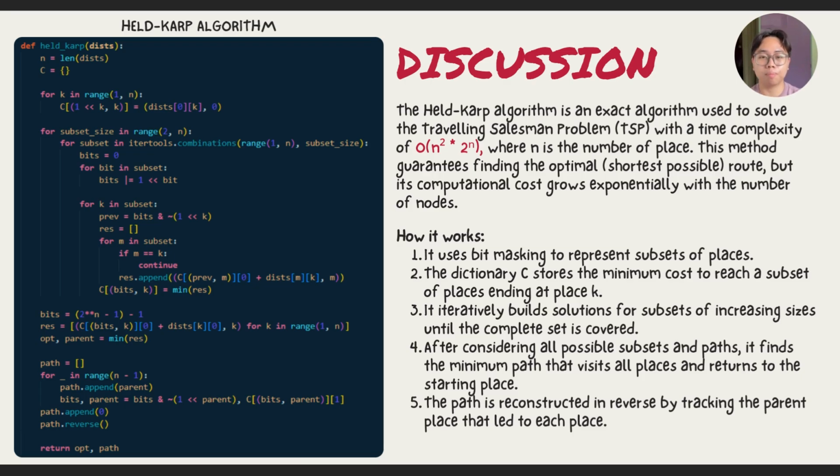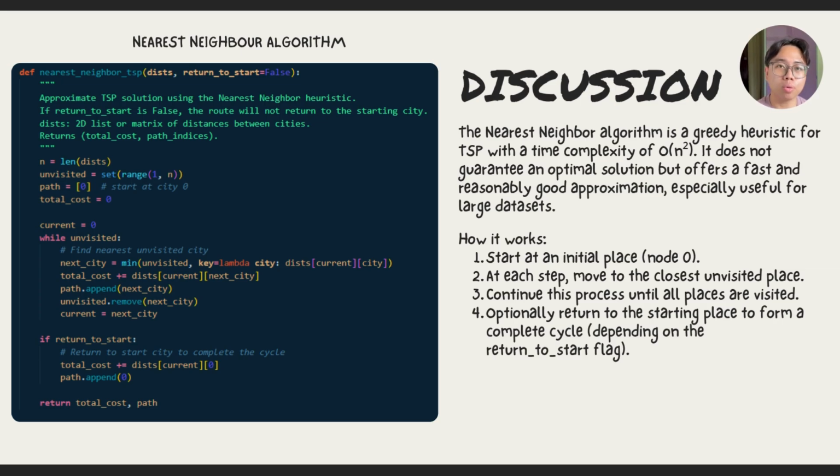Okay, now we move on to the second algorithm, which is the nearest neighbor algorithm, a greedy heuristic for TSP with a time complexity of O(n squared). It does not guarantee an optimal solution, but offers a fast and reasonably good approximation, especially useful for large data sets.